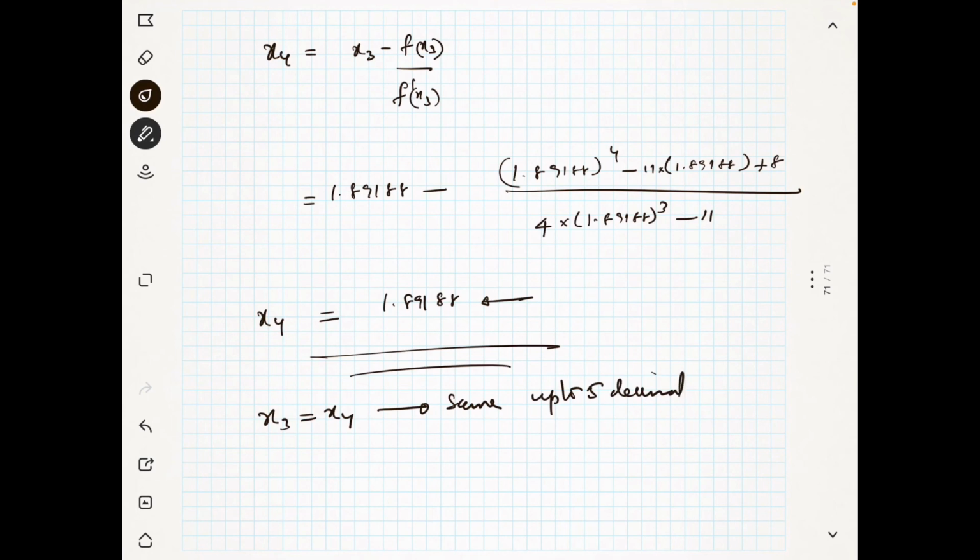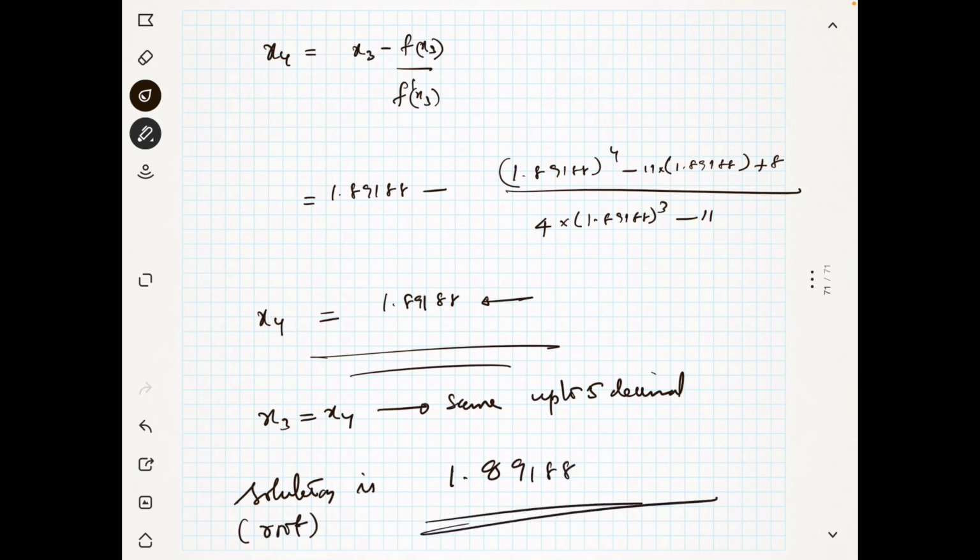In the question I gave you 3 decimal places, but it is accurate up to 5 decimal places. So the solution, which is nothing but the root, is 1.89188. Okay, that is the solution. I hope this is clear to you.